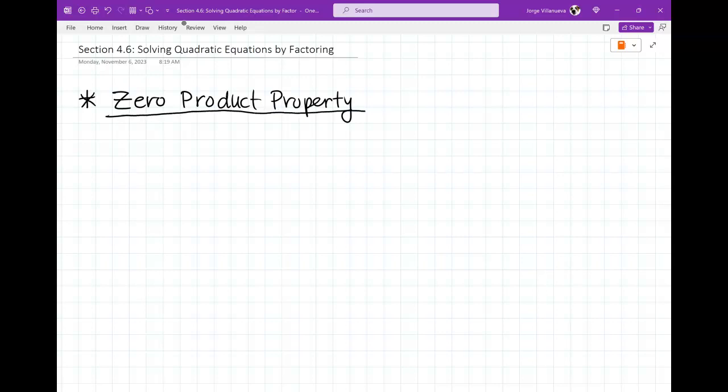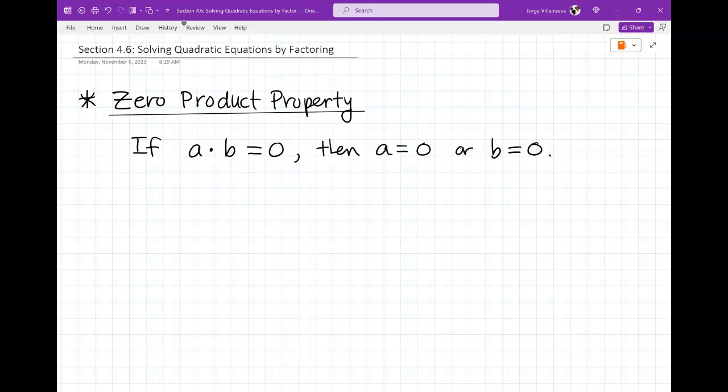The zero product property basically says this: if A times B is equal to 0, then A equals 0 or B equals 0, or both. But in math, or is inclusive, so it can be one, the other, or both.